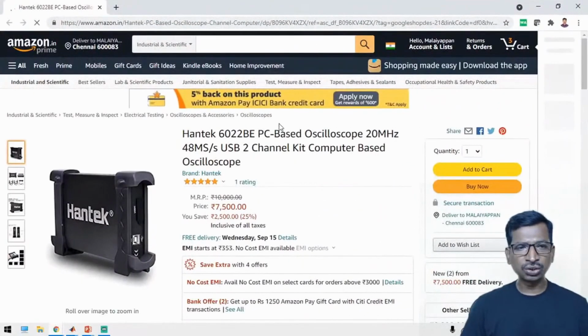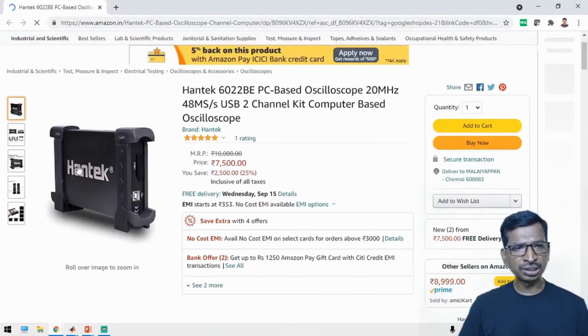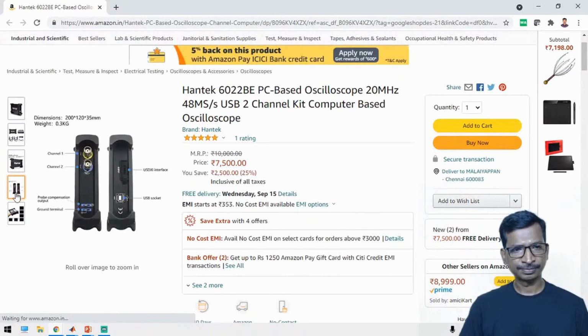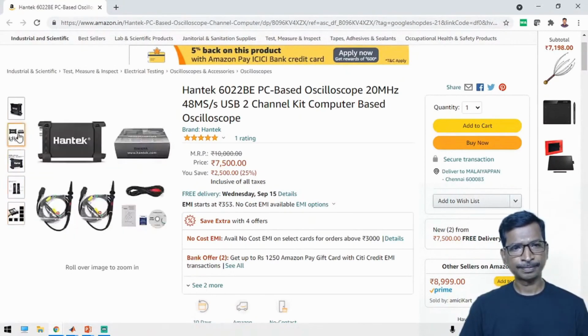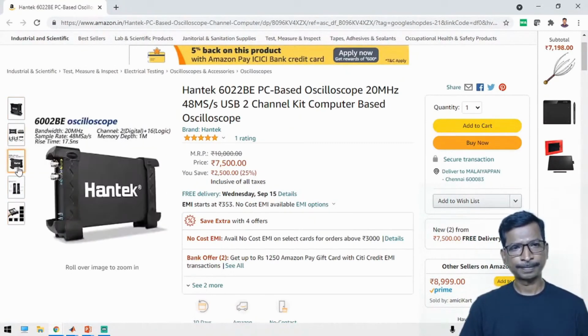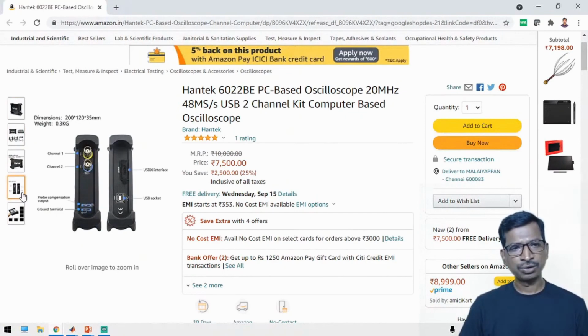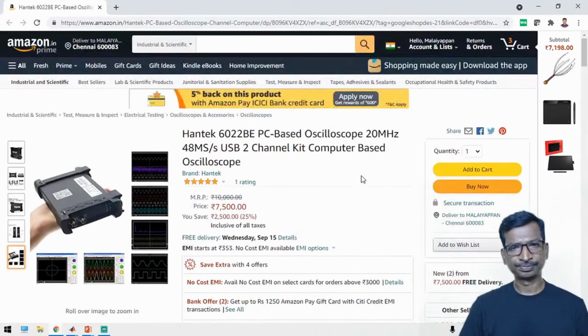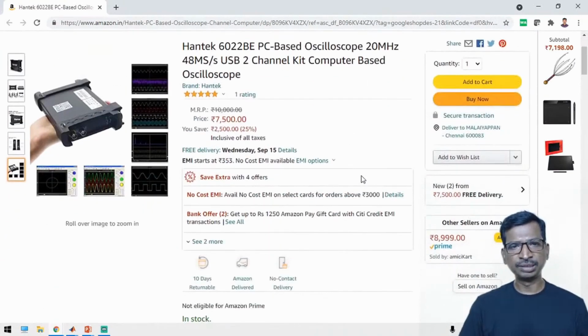See here, this kind of oscilloscope you can use for your research applications. You can get better results. It's the cheapest one.